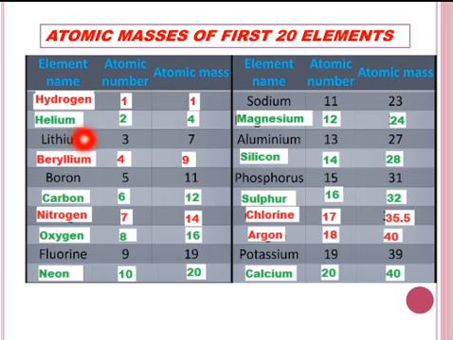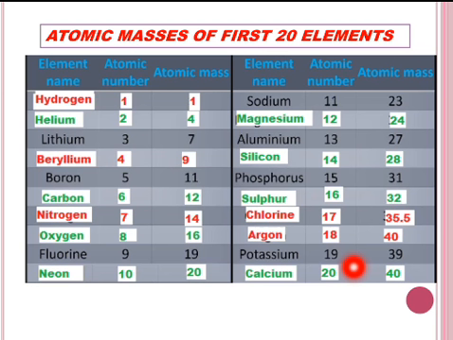For example, helium with atomic number 2, beryllium with atomic number 4, carbon with atomic number 6, oxygen with atomic number 8, neon with atomic number 10, magnesium with atomic number 12, silicon with atomic number 14, sulfur with atomic number 16, argon with atomic number 18 and calcium with atomic number 20.